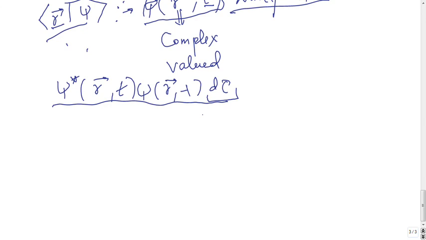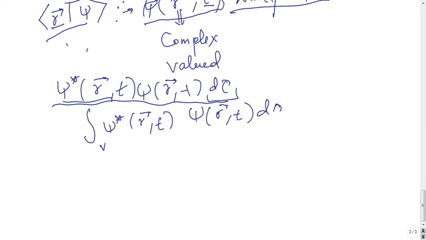This is true only when the wave function is normalized, that is, the integration over the whole space of xi star of r comma t times xi, d tau, gives the result 1.